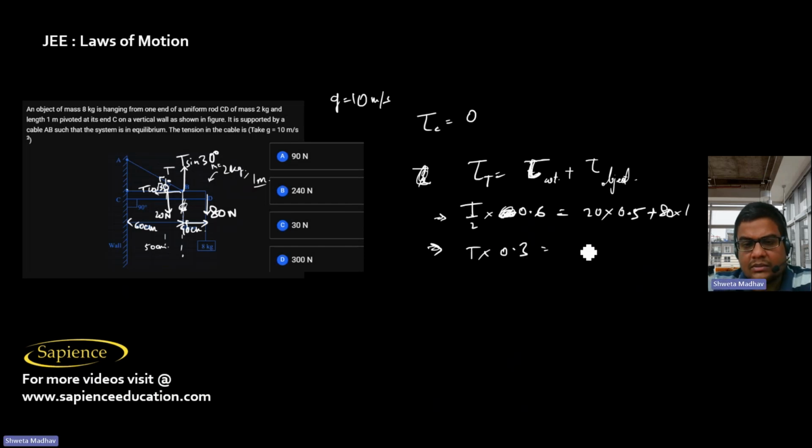So it is T into 0.3, that is equal to 10 plus 80, that is equal to 90. T will be equal to 90 by 0.3, that is 900 by 3, so that is 300.